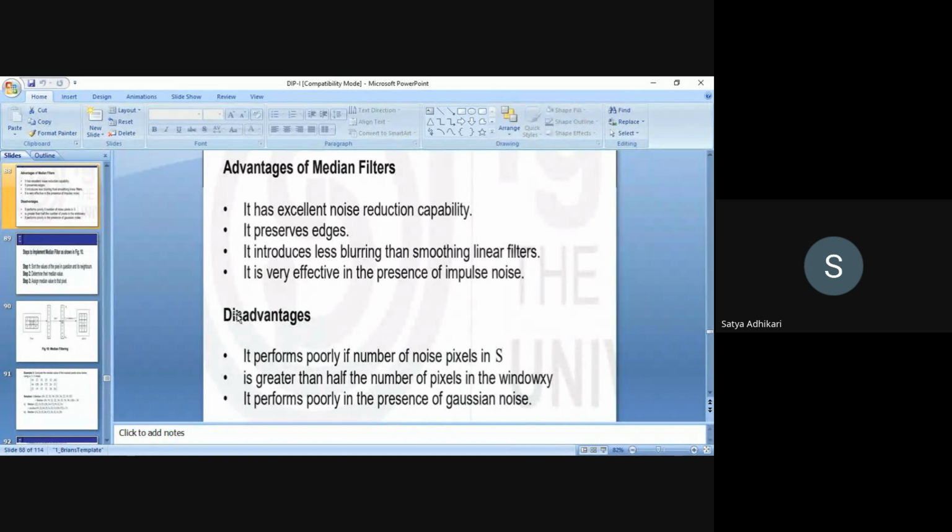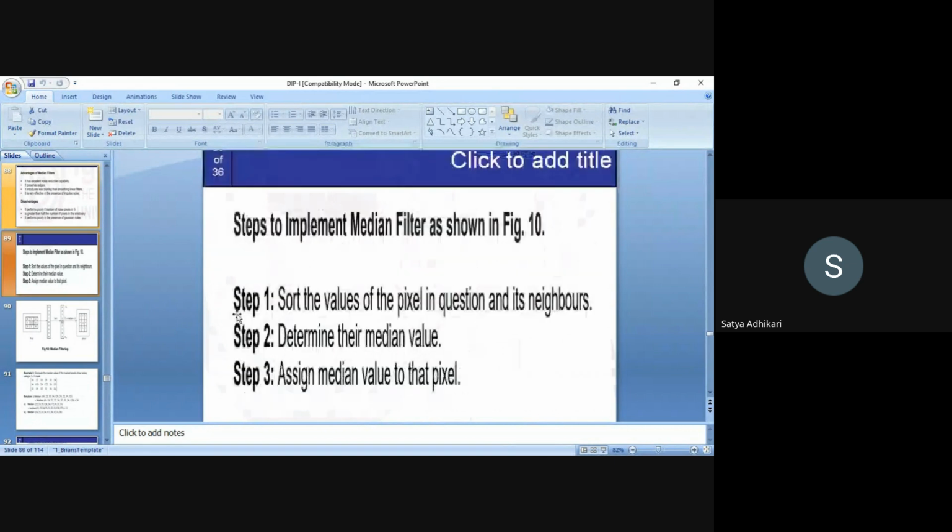And also it performs poorly in the presence of Gaussian noise. We will discuss the impulse noise and the Gaussian noise types of noise. And the steps we have already discussed.